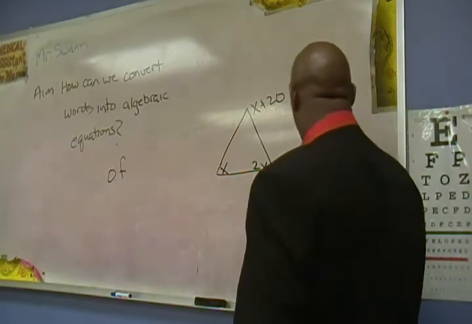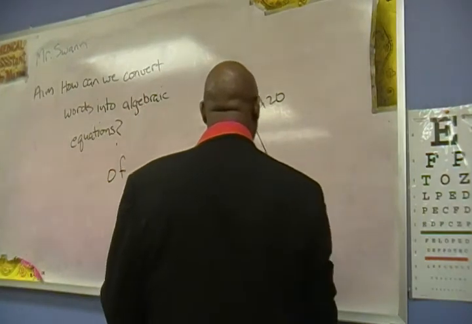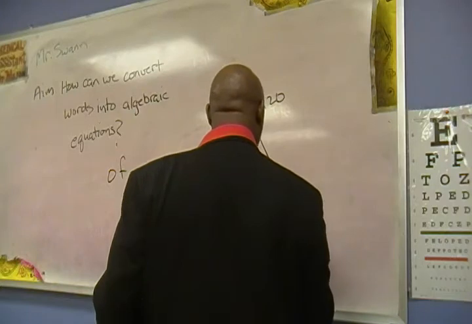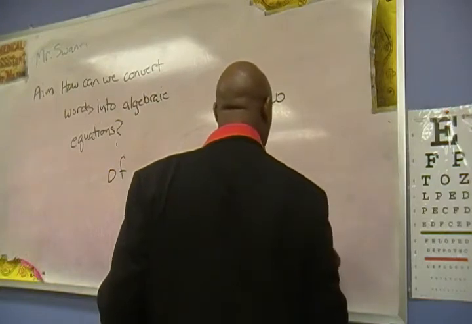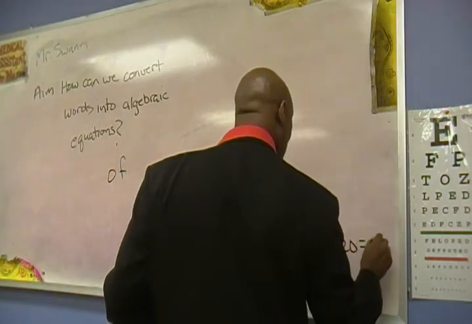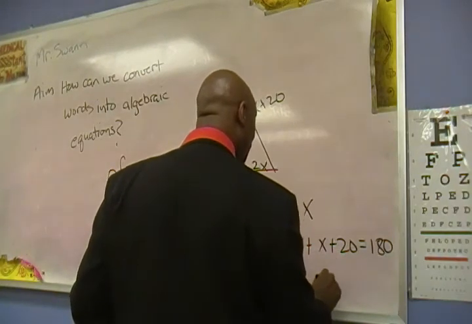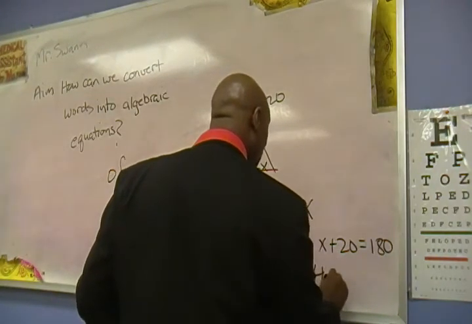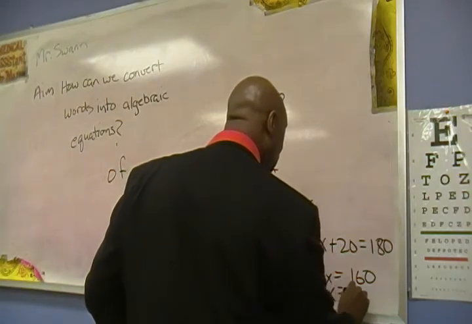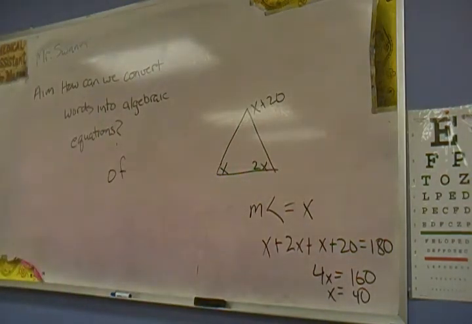So you're going to make this measurement x, and you're going to have x plus 2x plus x plus 20 equal 180. The first thing you're going to do is simplify it. It says 4x equals 160, and then x equals 40. So that's what that is.